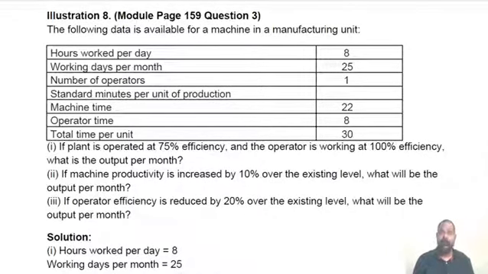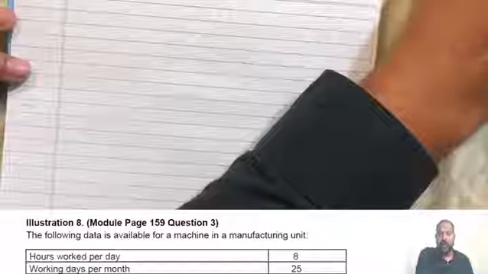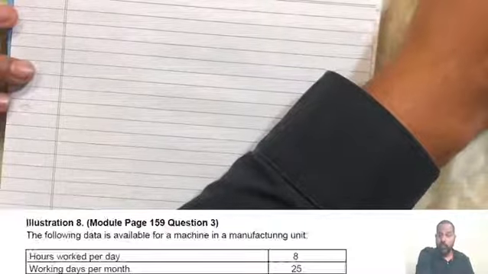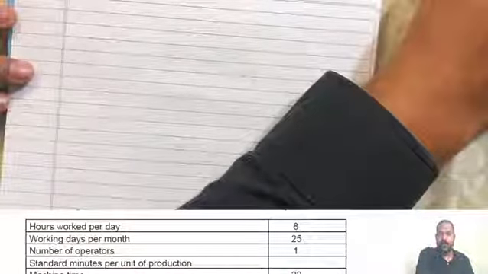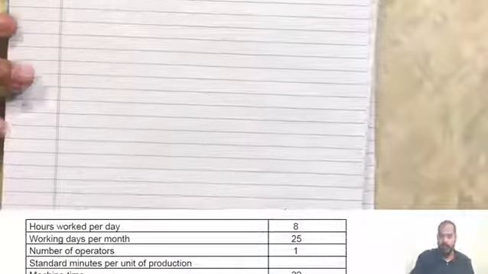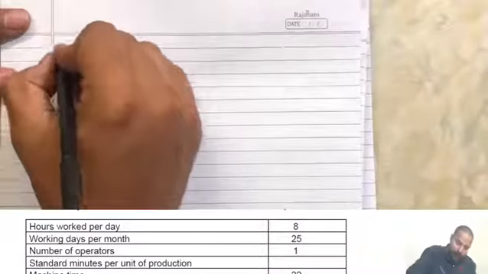If a plant is operated at 75% efficiency and the worker is working at 100% efficiency, what is the output per month? So let's begin with, what time do I have available for production? Well, I am working 8 hours a day for 25 days in a month.